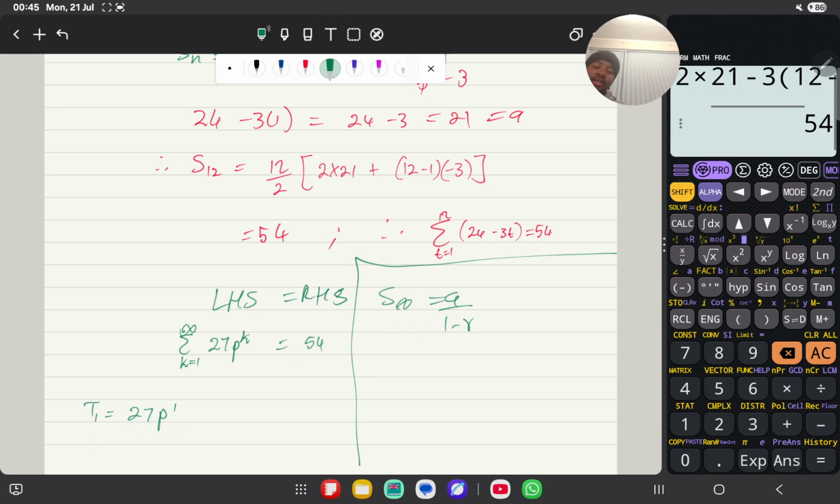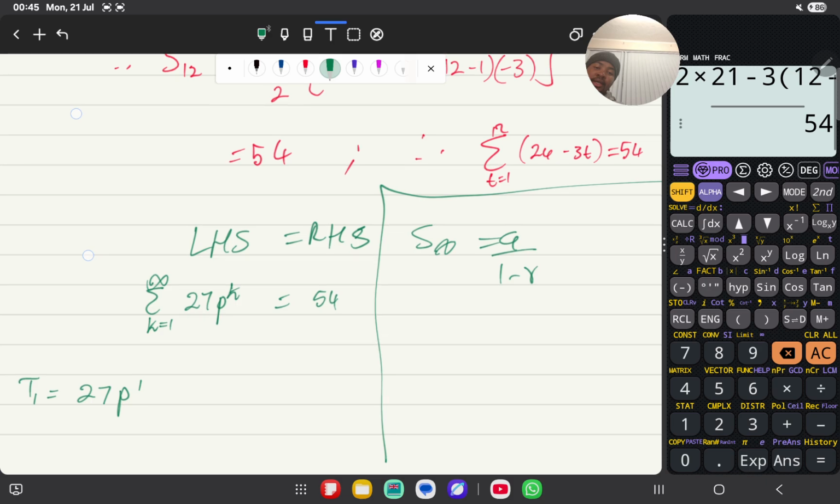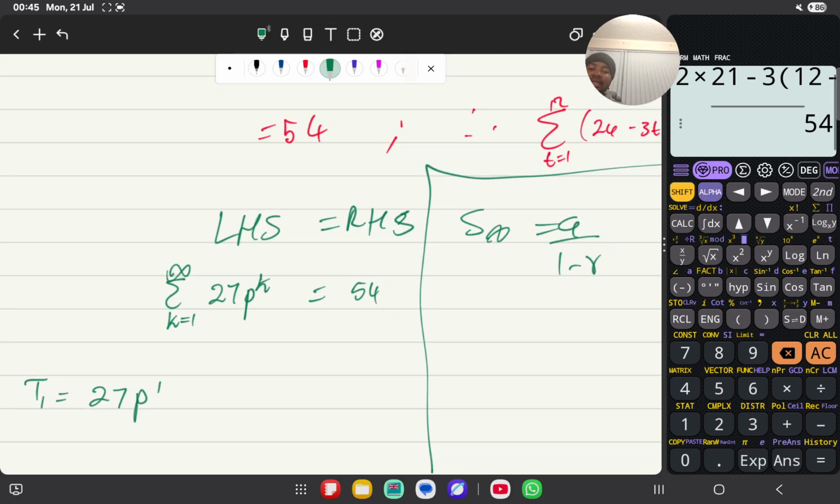You also need R. So we can just find T2, which is 27p squared. And from these two, T2 over T1, 27p squared over 27p is p, which is r.